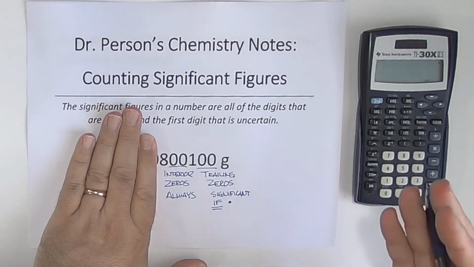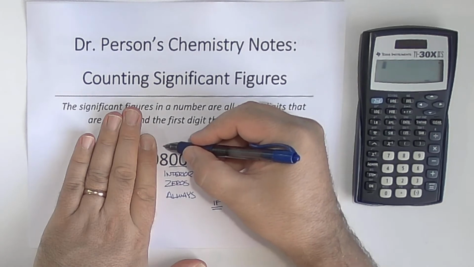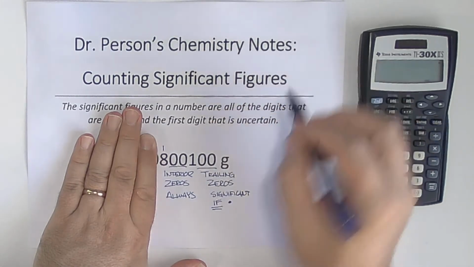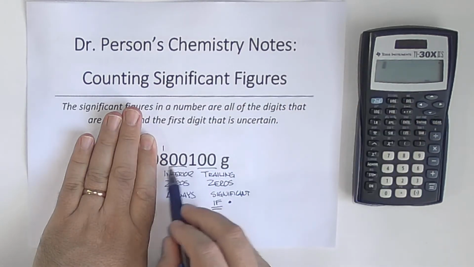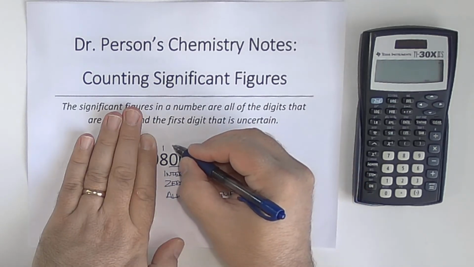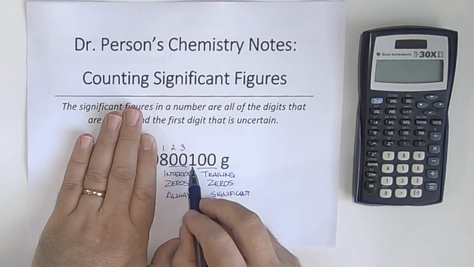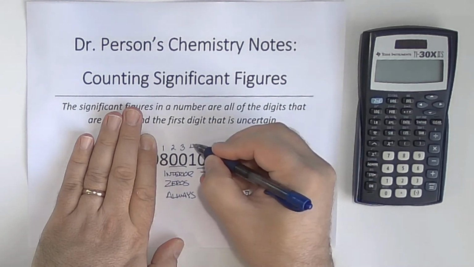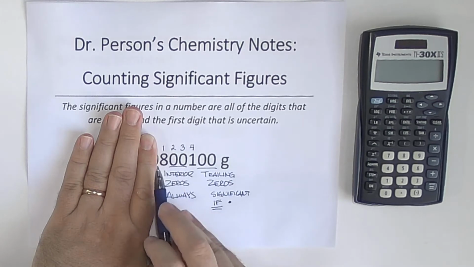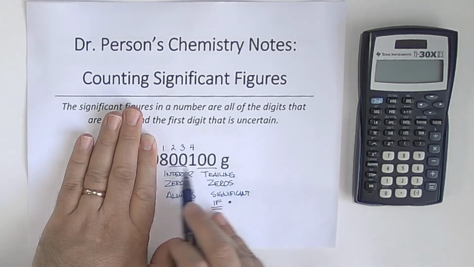So as we're counting significant figures, we're always going to start with the first non-zero digit, 1. Interior zeros, zeros between 2 non-zero digits, are always significant, so we'll keep counting those. 2, 3. We always count non-zero digits, 4. In this case, with my finger covering that first part, there is no decimal point.